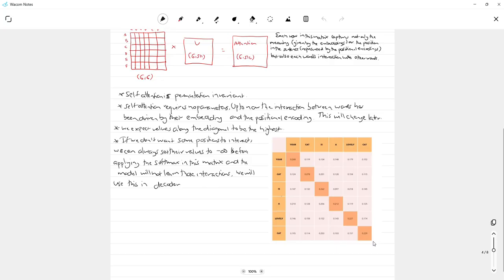Self-attention is high. For most words, the diagonal value is among its highest in its row. So for cat to cat, it is almost 0.229, and from lovely to lovely, it is 0.227. This confirms the expectation that words prioritize their own information.